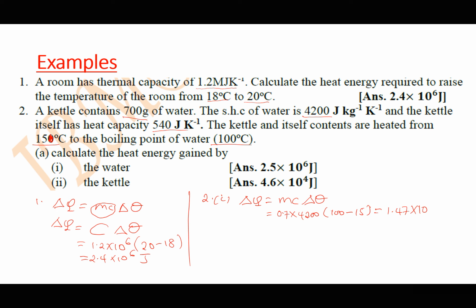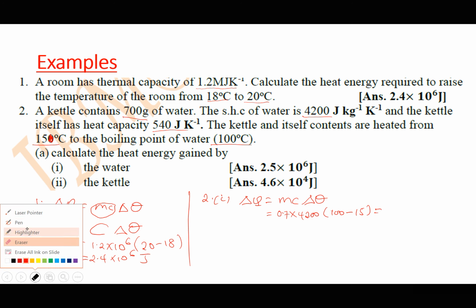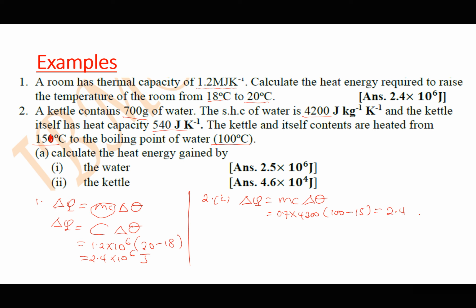So 100 minus 15 times 4,200 times 0.7. Yeah, this is 15, which gives us 2.4.